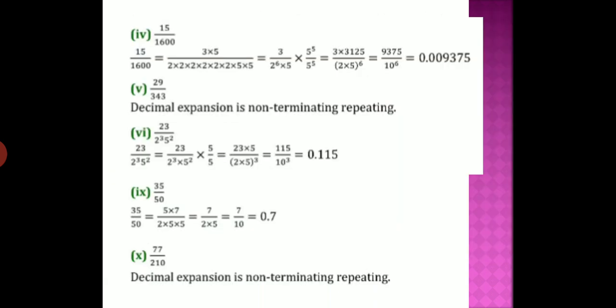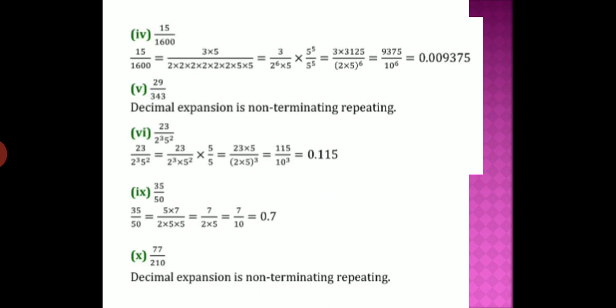Okay, so now I have given the answers for the other subdivisions also. 15 by 1600, you can see that you have 2 power 6 into 5. So the decimal will terminate after 6 decimal places and you get the decimal expansion. 29 by 343 is a non-terminating repeating decimal. Then the 6th subdivision, 23 by 2 power 3, 5 power 2.